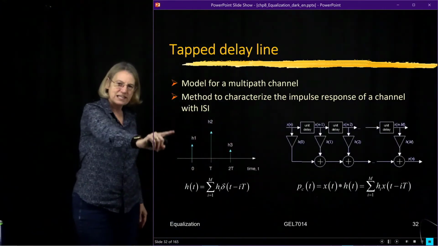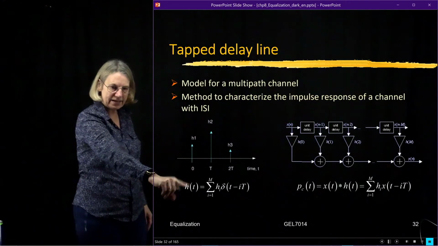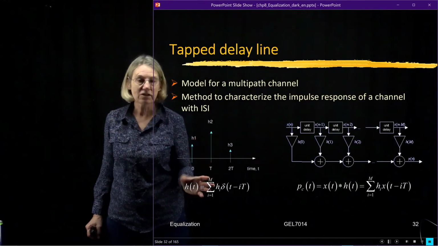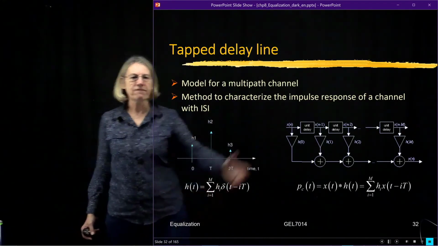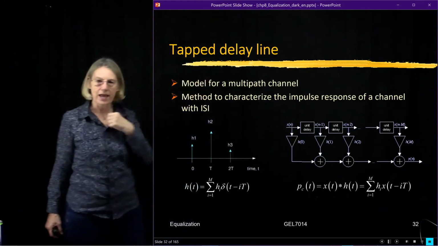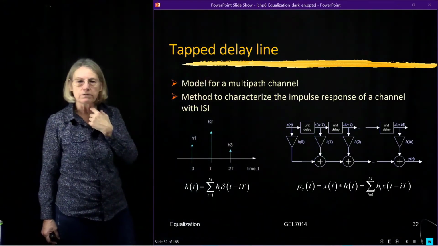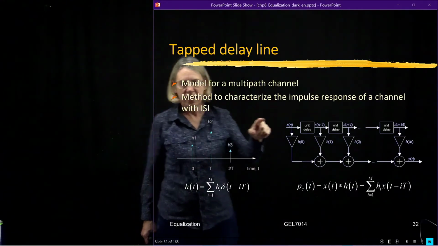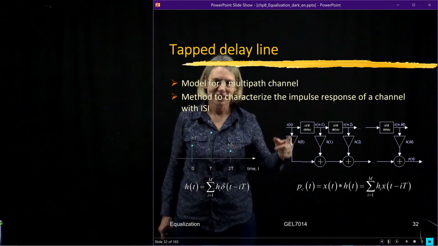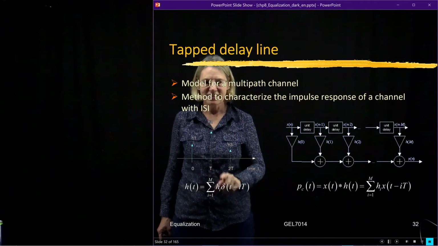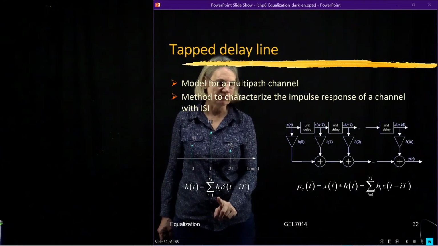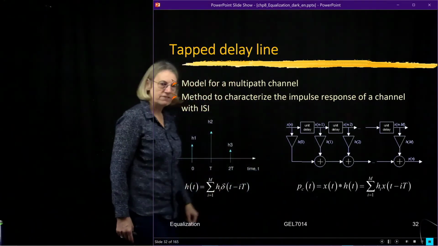If I were going to take this idea of the tap delay line, there's my graphic of it, and here's my mathematical equation for it. And finally, I could also have a block diagram for what's going on in a tap delay line model for a channel. The idea is that I take a symbol in, multiply it by this coefficient for the filter, which represents both the amplitude and phase, a complex coefficient.